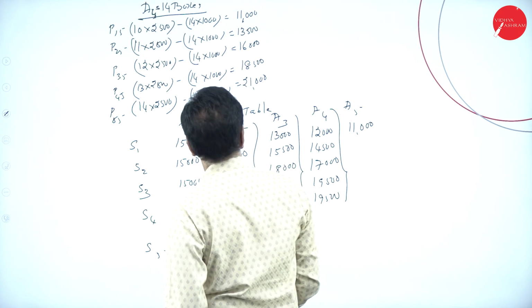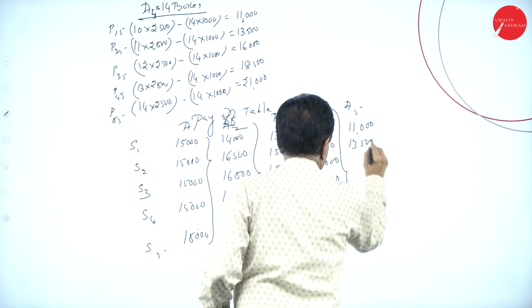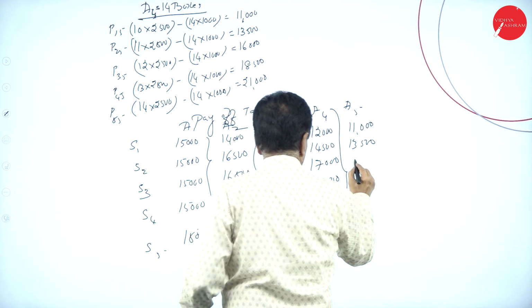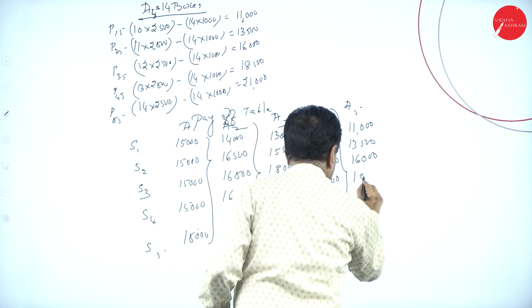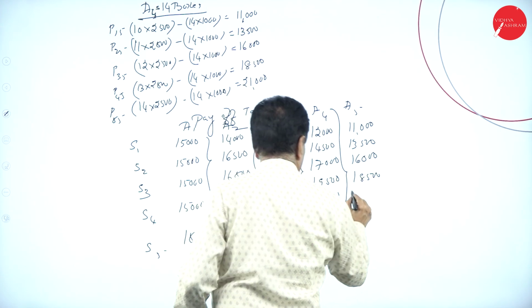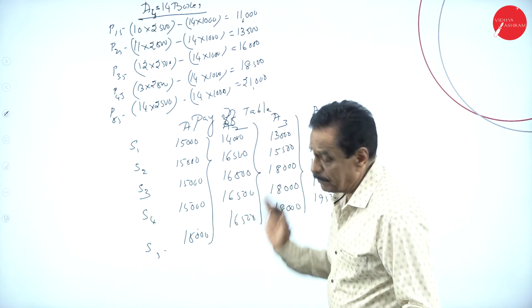A5: 11,000, 13,500, 16,000, 18,500, 21,000. So this is your payoff table.